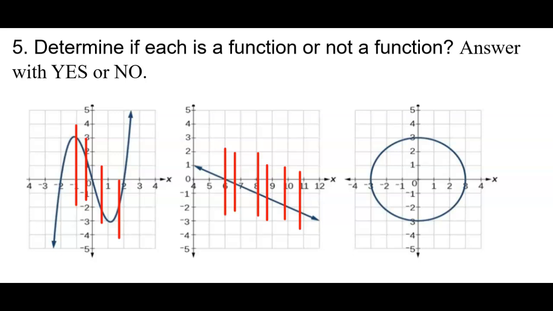So your answer should be yes. All right, what about that circle? If I draw a vertical line far enough to go through all parts of the shape, how many times does this line go through the circle? 2. Yep. So that is not a function.